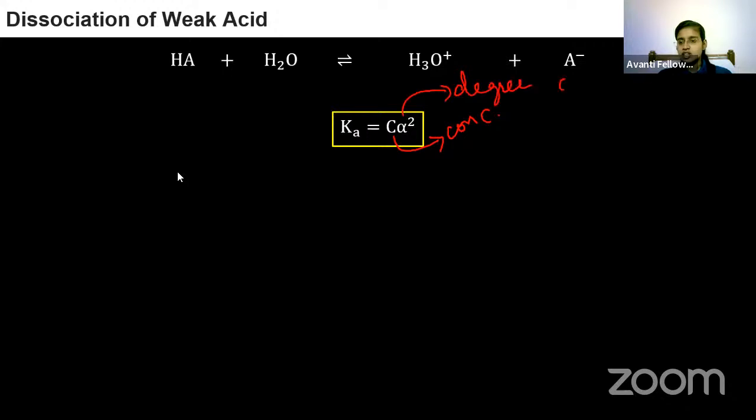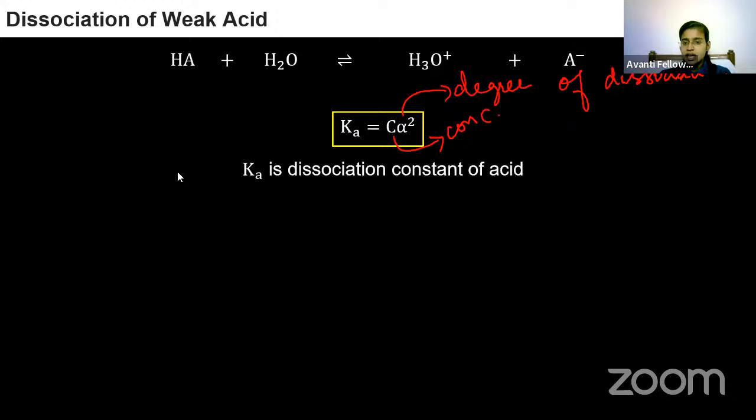There are a lot of derivations, but I skipped all of them and brought the final relation for you, so that you can understand and won't get confused. So please try to understand what I'm trying to say. C is the concentration, alpha is the degree of dissociation and Ka is the dissociation constant of the acid.